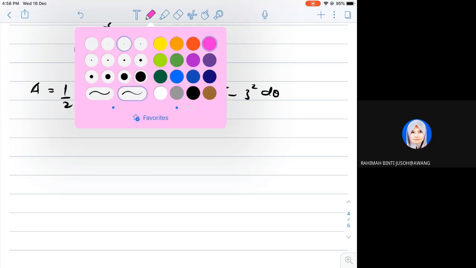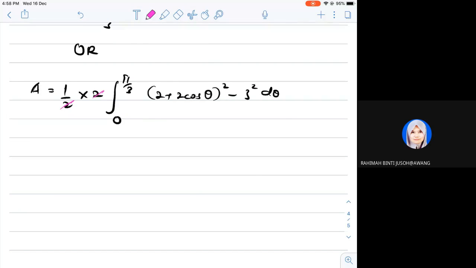Okay, so now let us proceed. I can cancel this easily. So let us expand this one. Slowly, guys. 2 squared, we will get 4. And then 2 times 2 times 2 cos theta, multiply, we get 8 cos theta. After that, plus 4 cos squared theta.